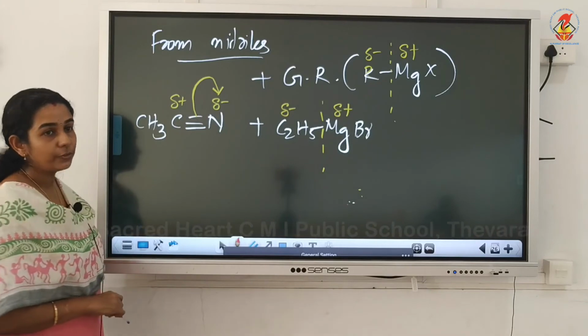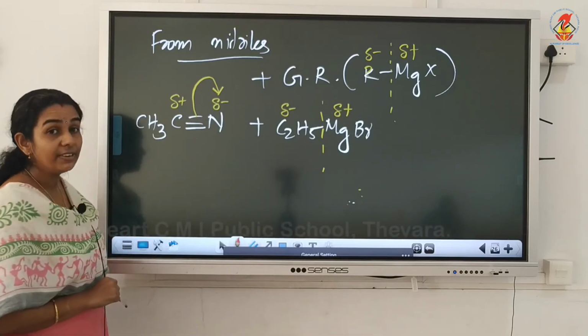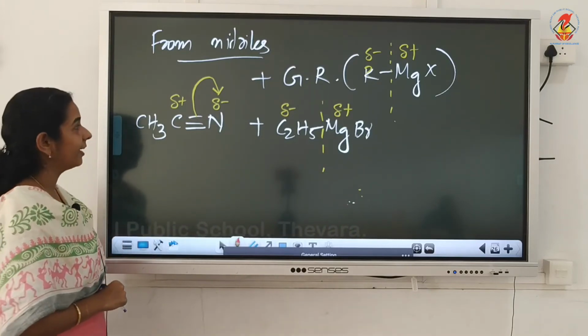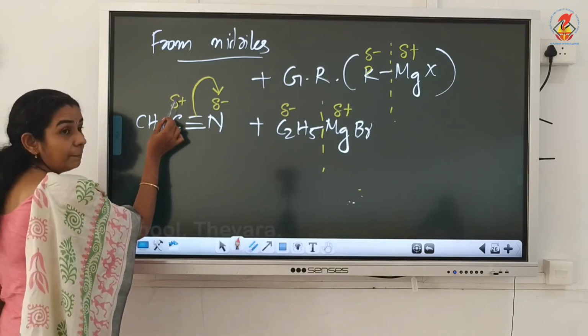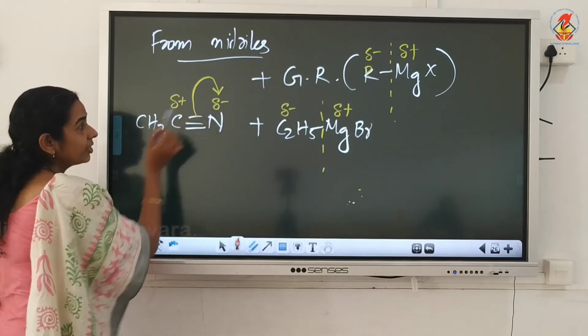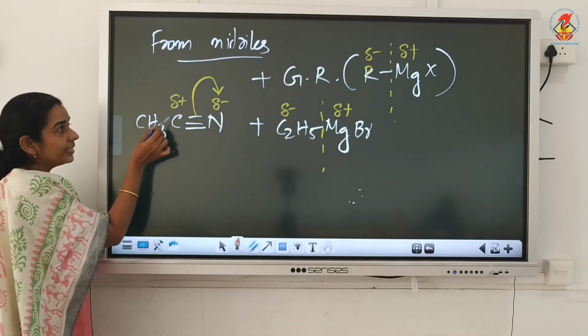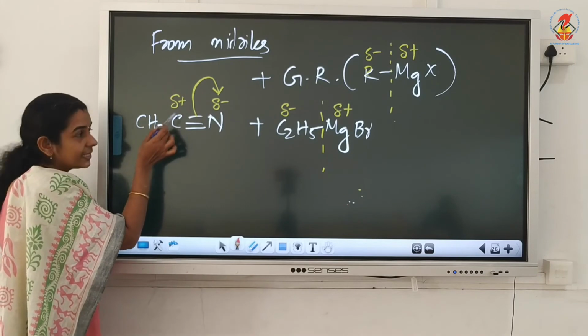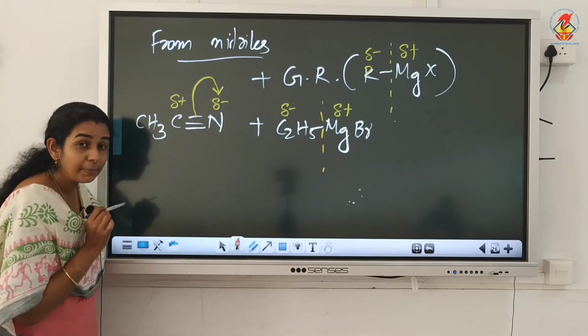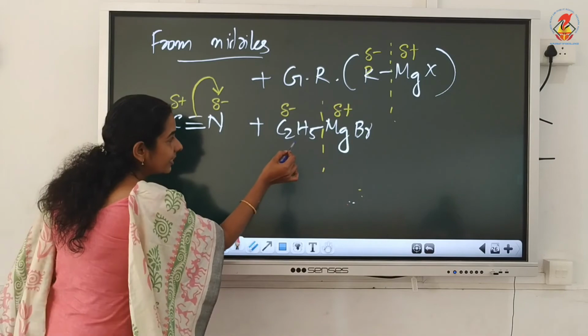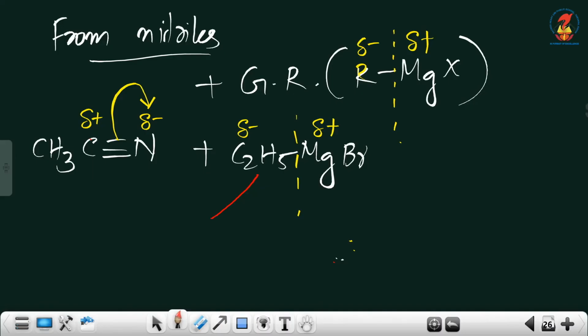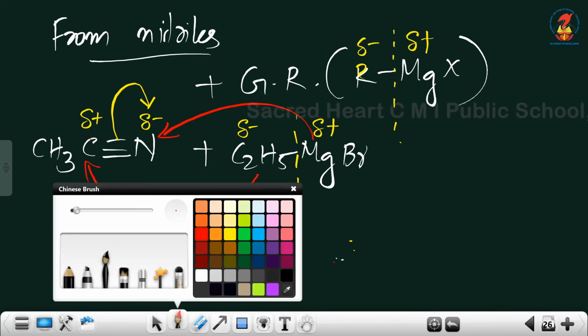After the shifting of this bond, C triple bond N will become C double bond N, and this carbon will get complete positive and this nitrogen will become complete negative. You have to keep that in your mind. C2H5, the negative part, will move towards the positive carbon, and the positive magnesium will move towards nitrogen. So what is the product we are getting?